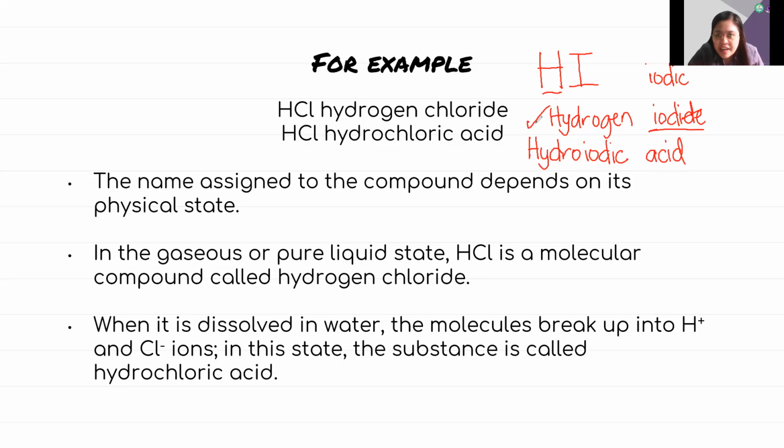So this is correct, this is also correct. Kasi depende if we are referring to the acid substance or the molecular compound. So tama na inyo mga gisend nga answer, hydrogen iodide or pwede po siya hydroiodic acid.